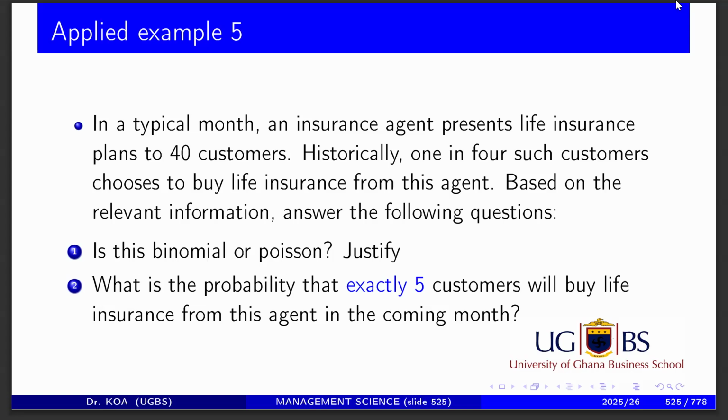1 in 4. If it was actually numbers, you would have seen clearly. So 0.25. 1 in 4. How do you write 1 in 4? Okay. He said historically 1 in 4 chooses to buy. So success is 0.25. 1 in 4.